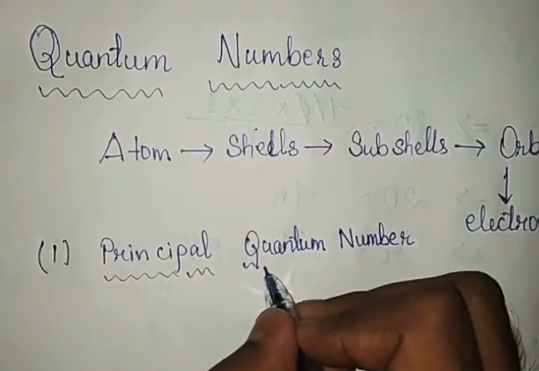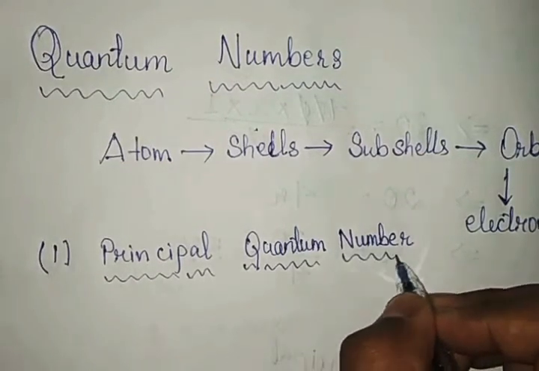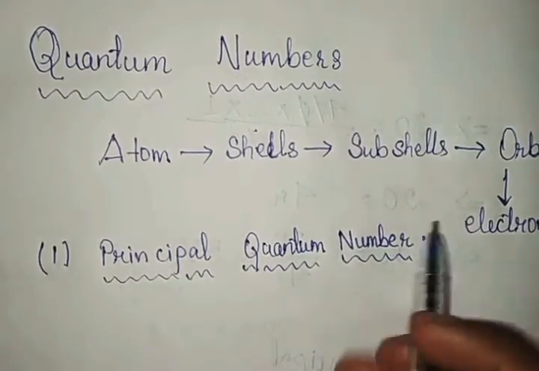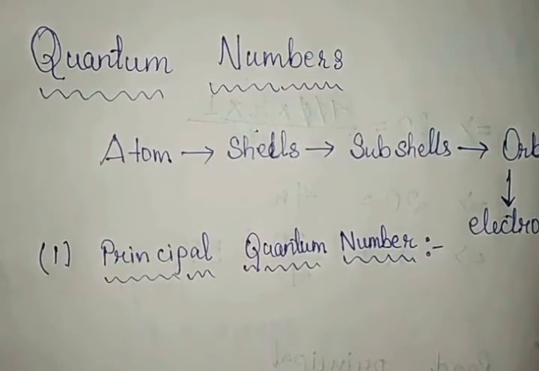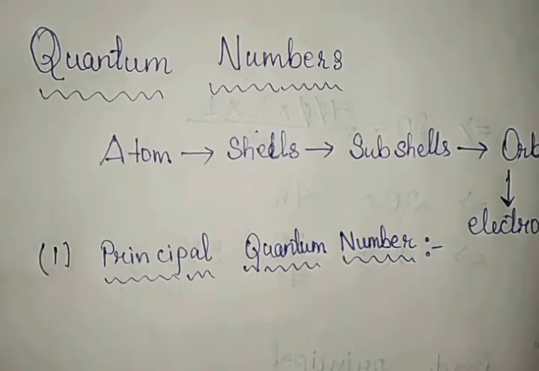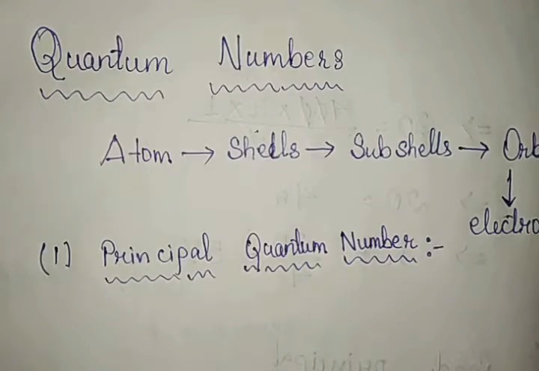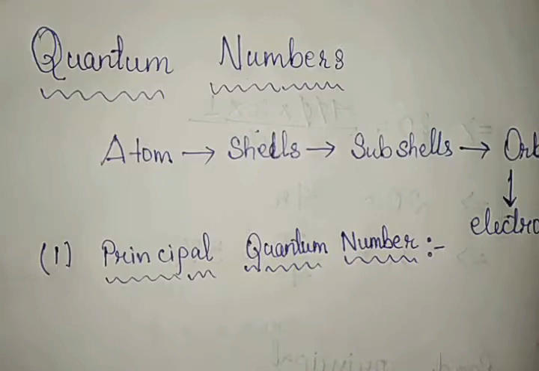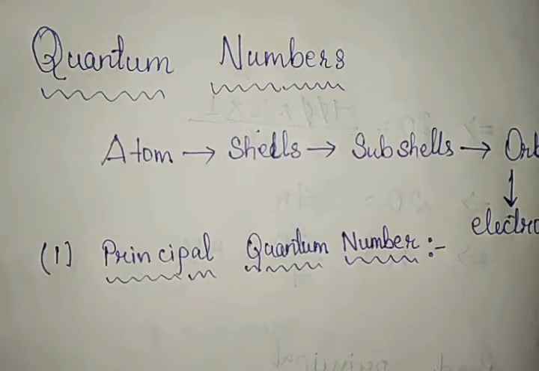Now, what is principal quantum number? Why is it required in the course of knowing the structure of an atom? This principal quantum number is just some positive integers, and these positive integers determine the number of the shell.